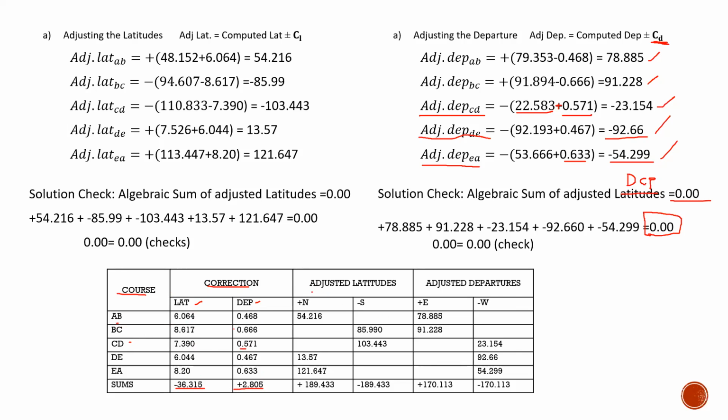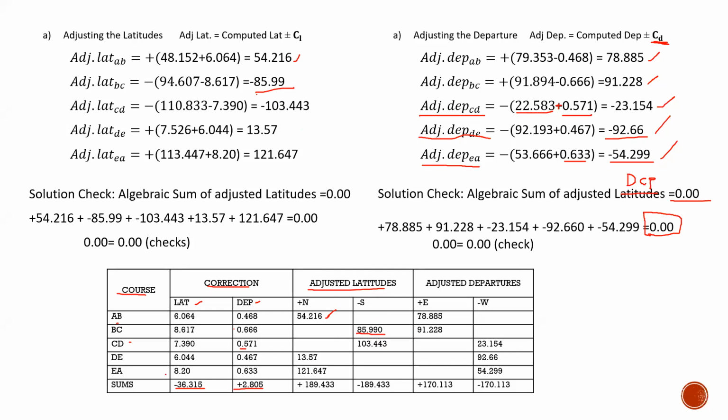Next is the adjusted latitude. So, lalagyan nyo na. Since this is north, so we need to put it on its north side. So, ilalagay lang natin. Ito, positive ito, so nandito sa positive north. Ito, negative, yung adjusted natin, nandyan dapat yan sa negative south na column. So, ilalagay nyo lang siya dyan.